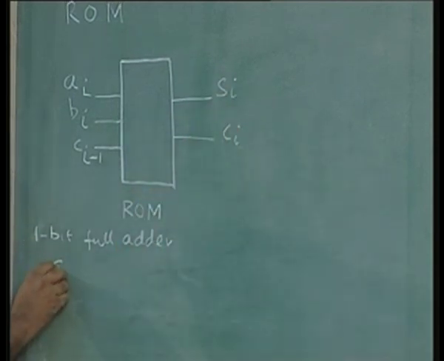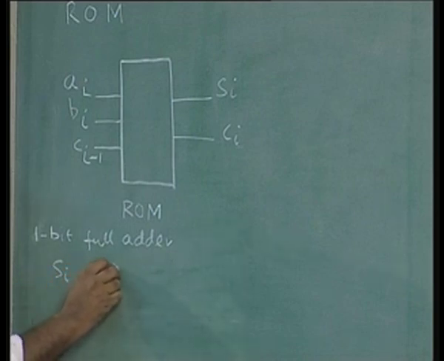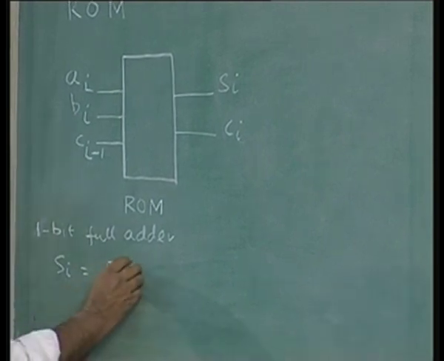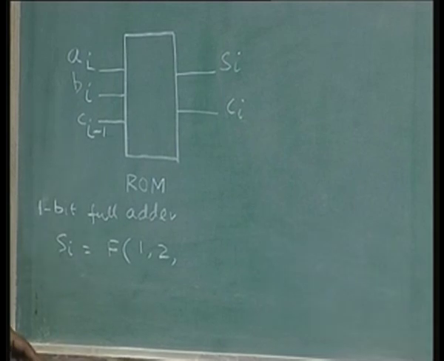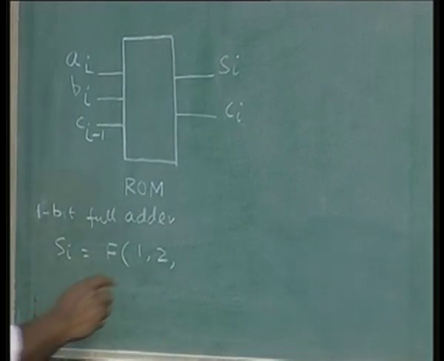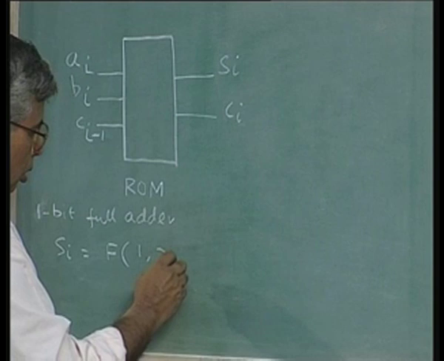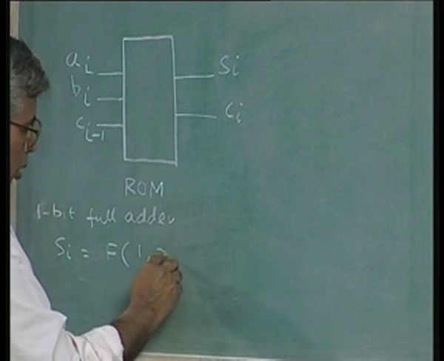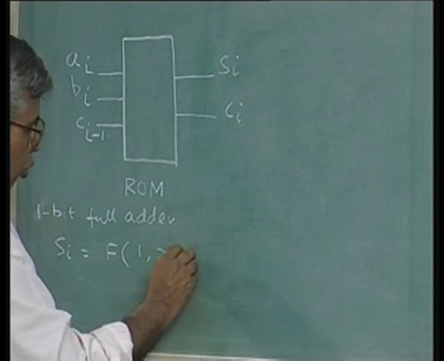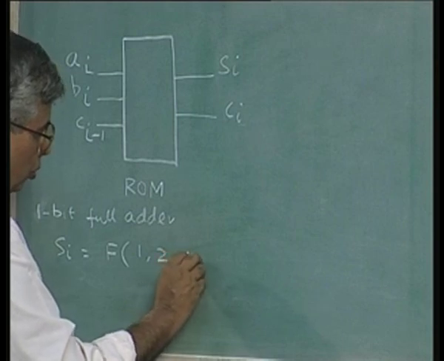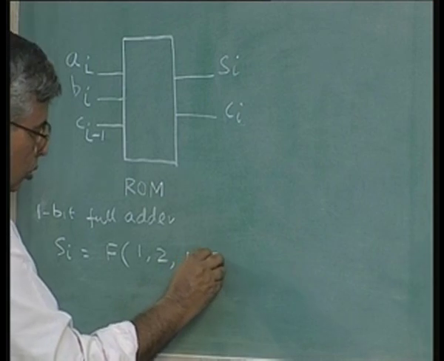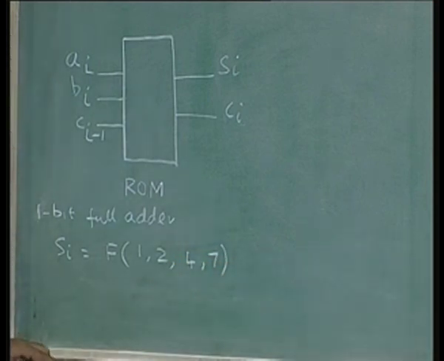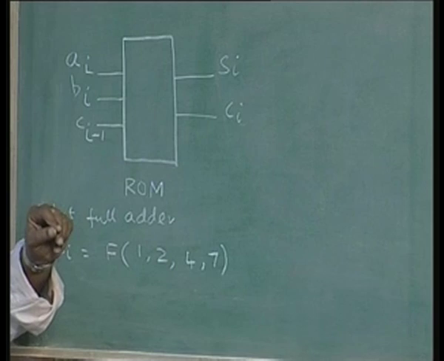We know that Si is 1 for min terms 1, 2, 4 and 7.